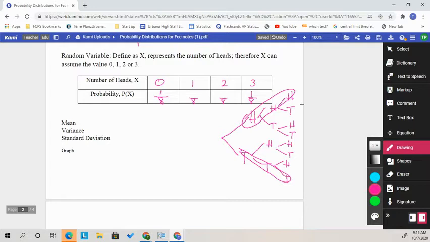Then I want to find how many of these have 1 head and 2 tails. So number of heads, it would be 1 head. There's 1 heads, then I have to have 2 tails. So I'm going to go through here, change my color, and I'm going to do 1 head and 2 tails. So there's a head, tail, tail there. So that's 1, heads, tails, tails. Here's a tails, heads, tails right here.